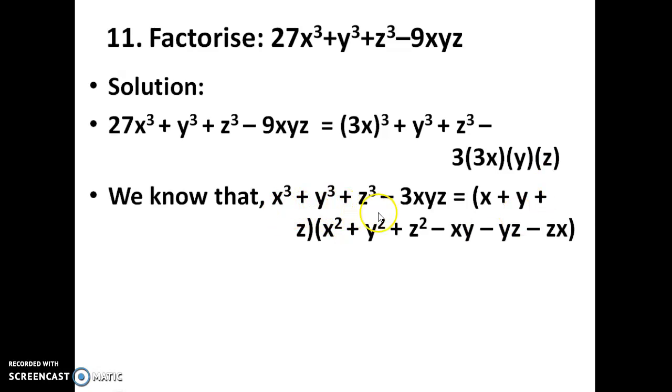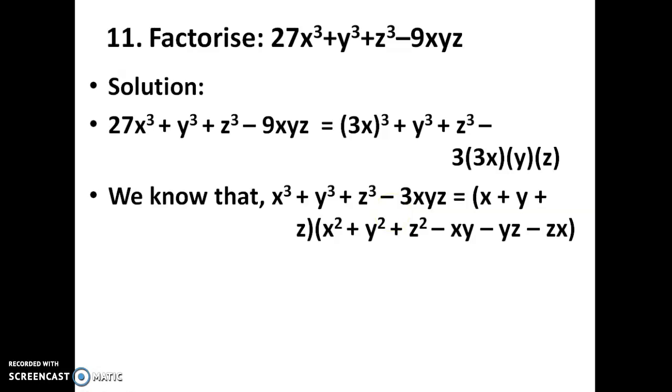We got the form x cube plus y cube plus z cube minus 3xyz. This is of this form, is it not? Here 3x is x, y is y, z is z. So as such you can get the form of the identity.